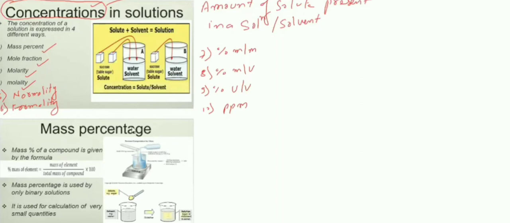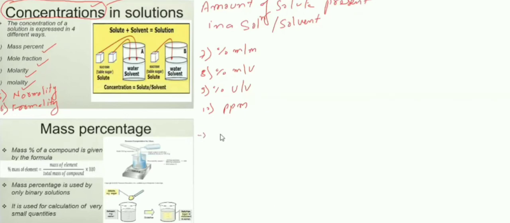Coming to the first one, that is mass percentage. The mass percent of a compound is given by the formula: percentage mass of element is equal to mass of element divided by total mass of compound into 100.